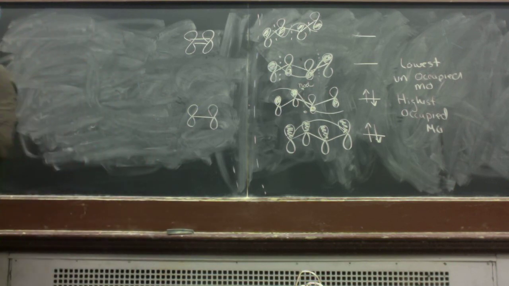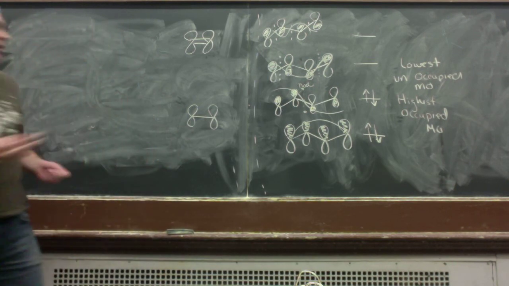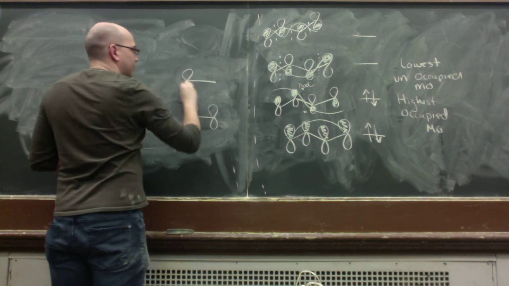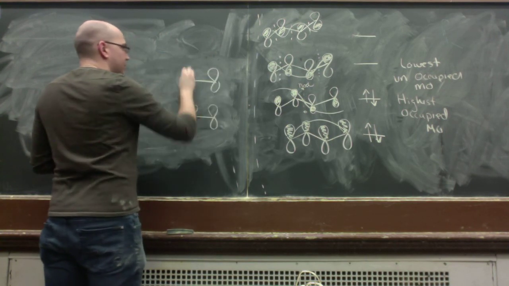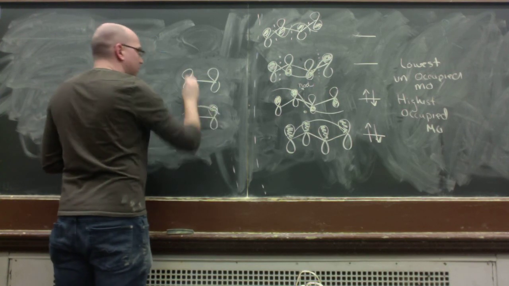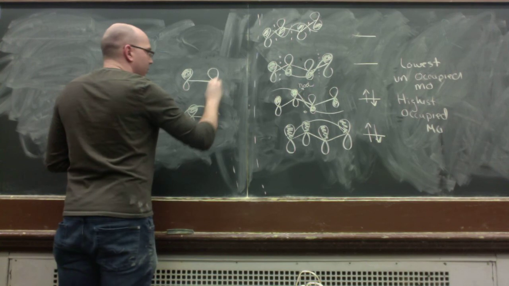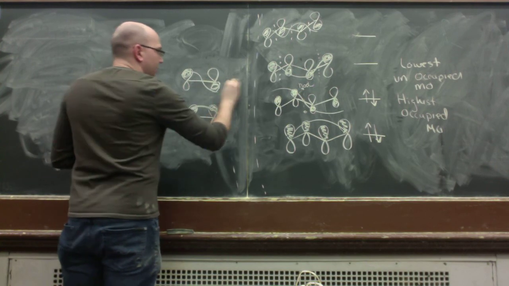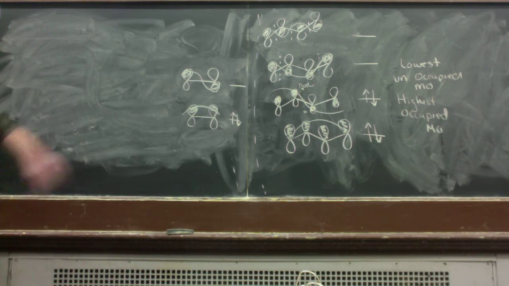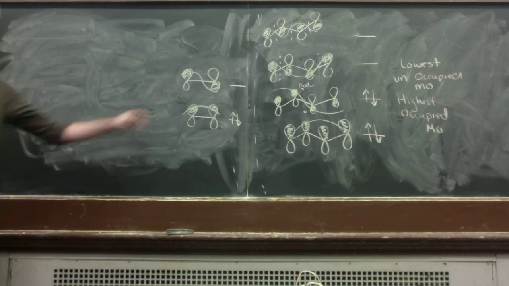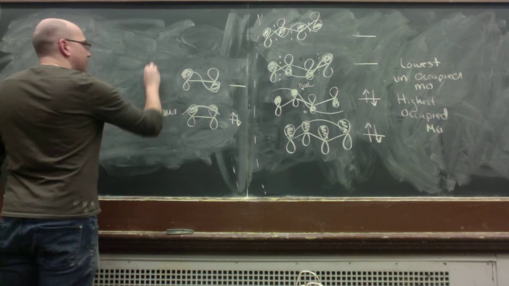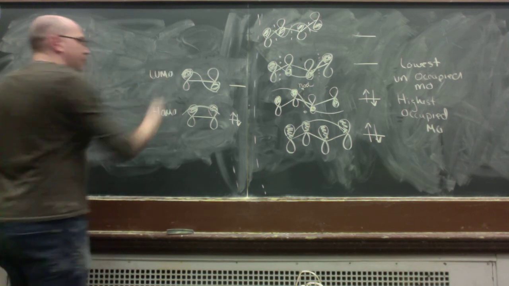In this case, we're only going to have the maximum of 1 node, so we have either no node or 1 node, right? And again, we're going to fill them up, but this only has 2 electrons. So now this becomes our HOMO, and this becomes our LUMO, okay?